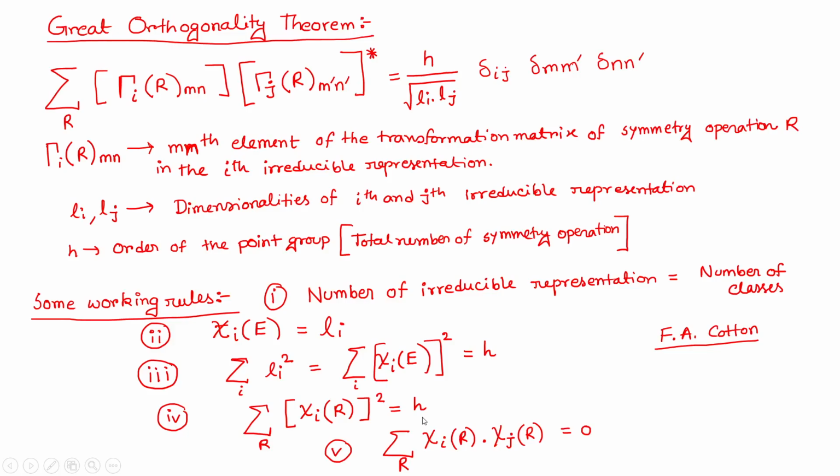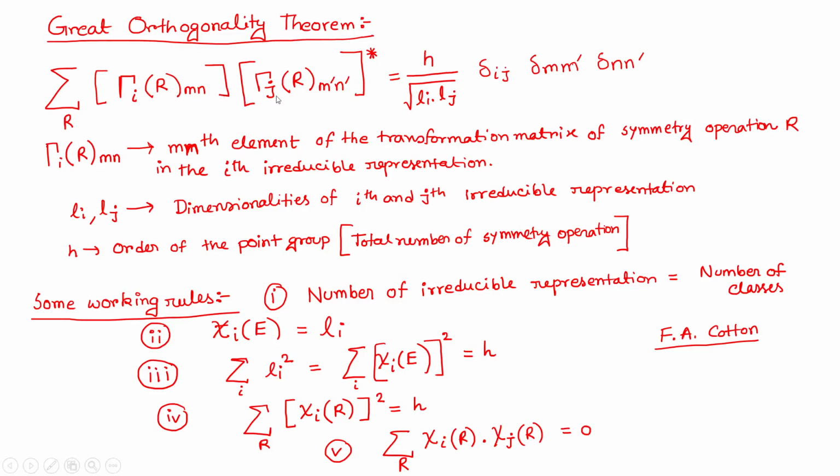And the most important one, why this is called the orthogonality theorem, you can see that for two irreducible representations where i and j are different, they are orthogonal to each other. If i and j are equal, then only they will show a normalization condition.